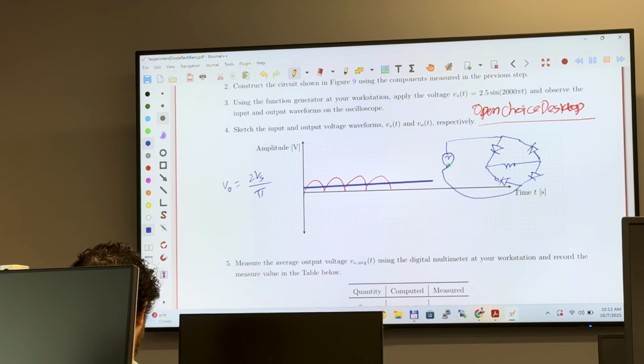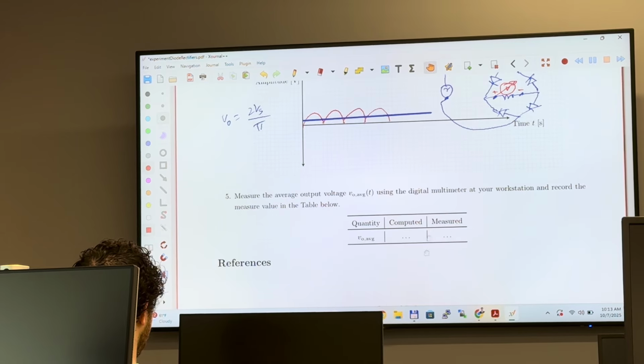So this is your full wave rectifier circuit. You can actually have a voltmeter right here, positive, negative. If you use a DC voltmeter right here, this DC voltmeter will give you the average voltage. And you have the measured average voltage and you have the computed average voltage. So there should be a match. Okay?